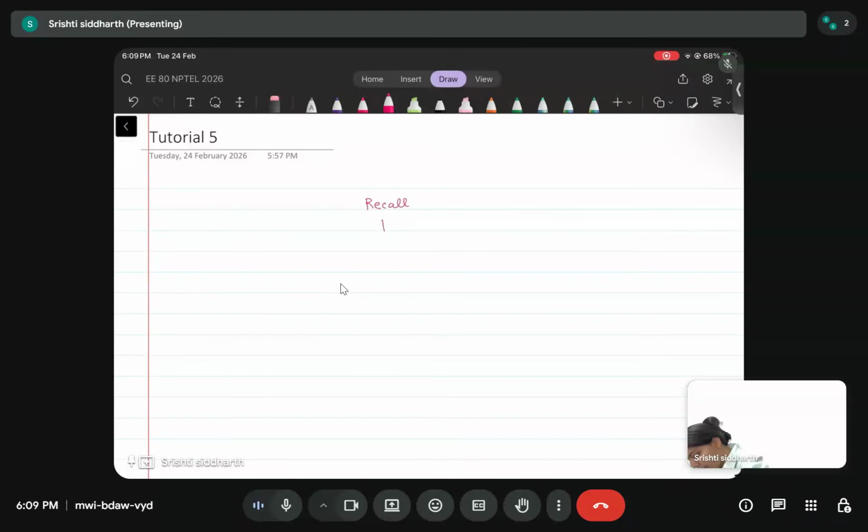We'll begin by recalling equilibrium points and how to find equilibrium points for a nonlinear system.